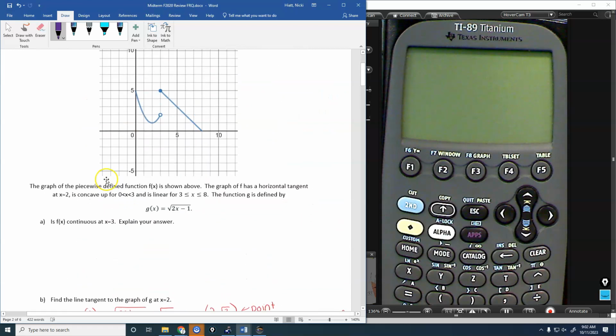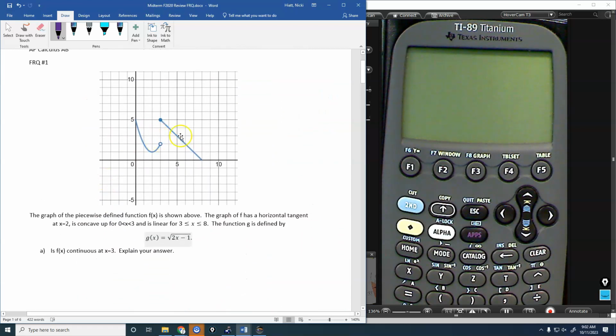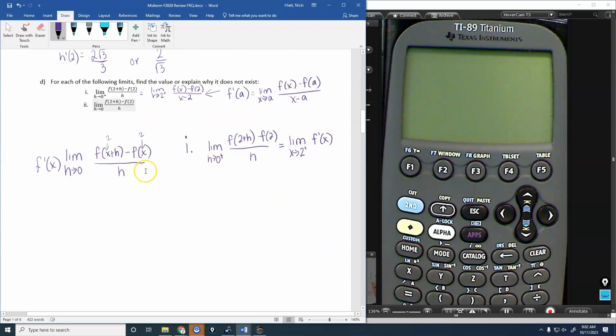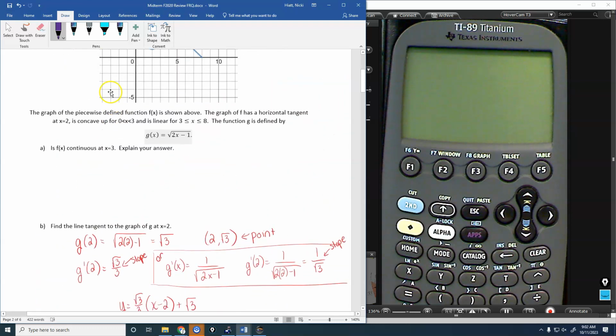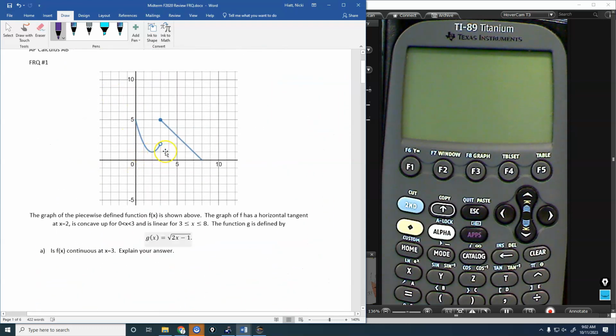Okay, so if we go look at our graph, I think I meant for this to be 3, actually, on this problem. Let's change that 2 to a 3. I think I meant for that to be a 3, because it makes more sense what I'm asking. You can do it for 2. What's the derivative at 2? The derivative is 0 because your tangent line is 0.